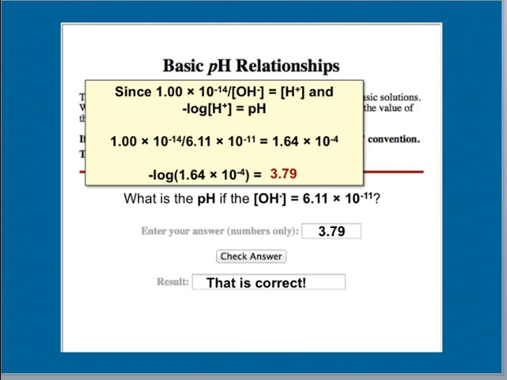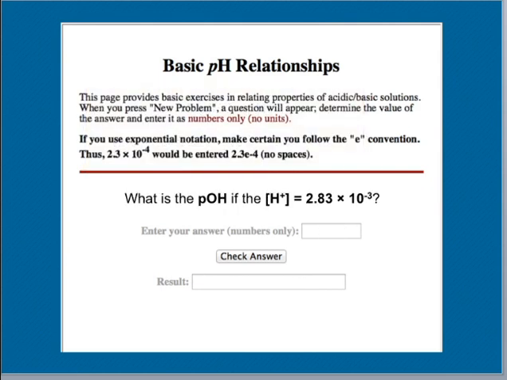Let's do another one. Here we have hydronium, and we want to know pOH. Well, in order to get pOH, we need to know hydroxide, don't we?